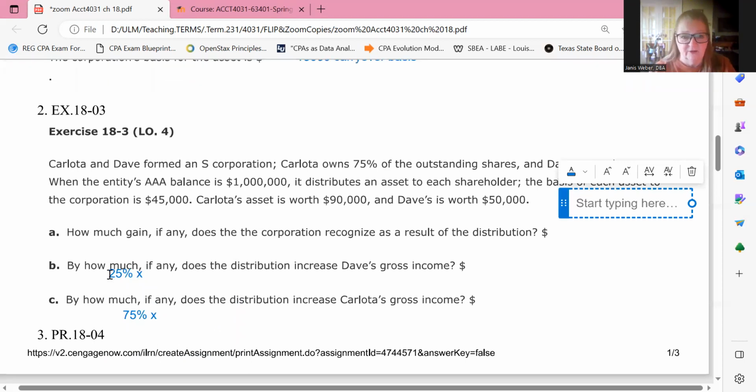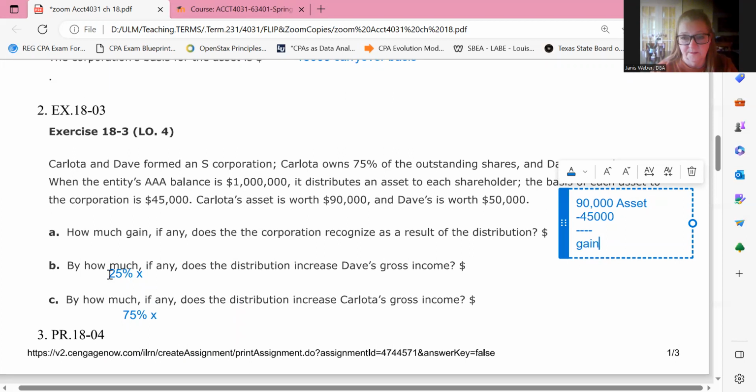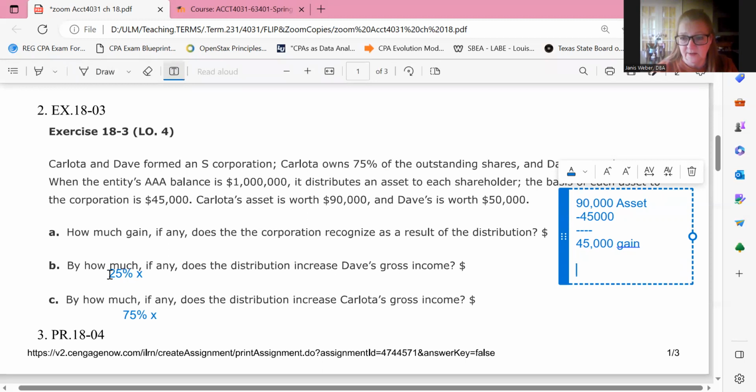I'm just going to calculate the gain right here. Okay, so we have Carlotta. Well, I just want to say asset one, $90,000. And they said both of them had a basis of 45,000. So the gain is also 45,000, right? For asset one. Then we had the second asset.